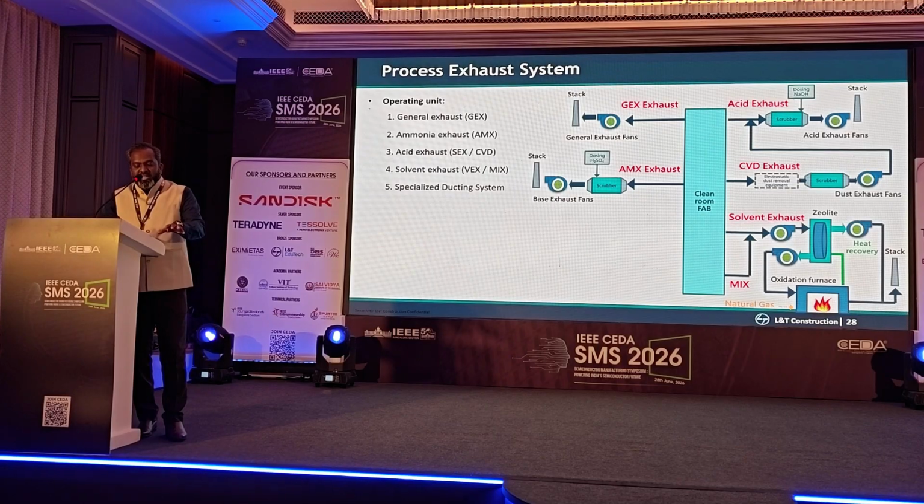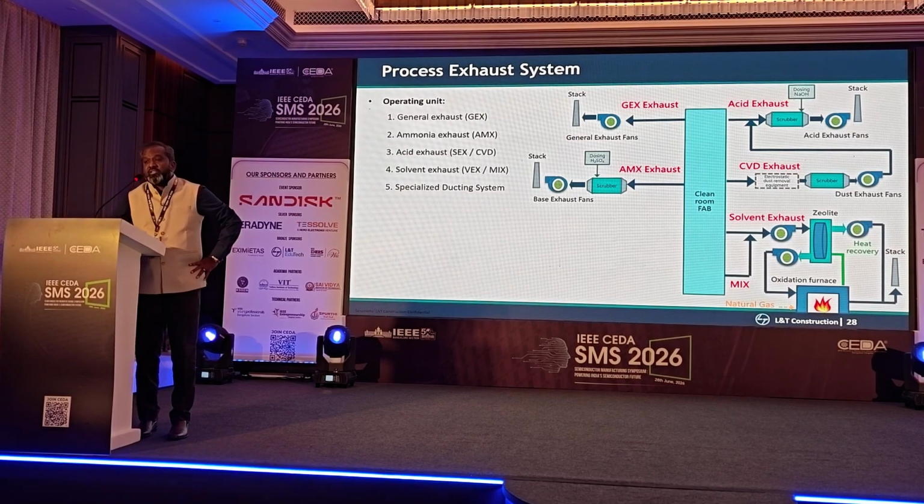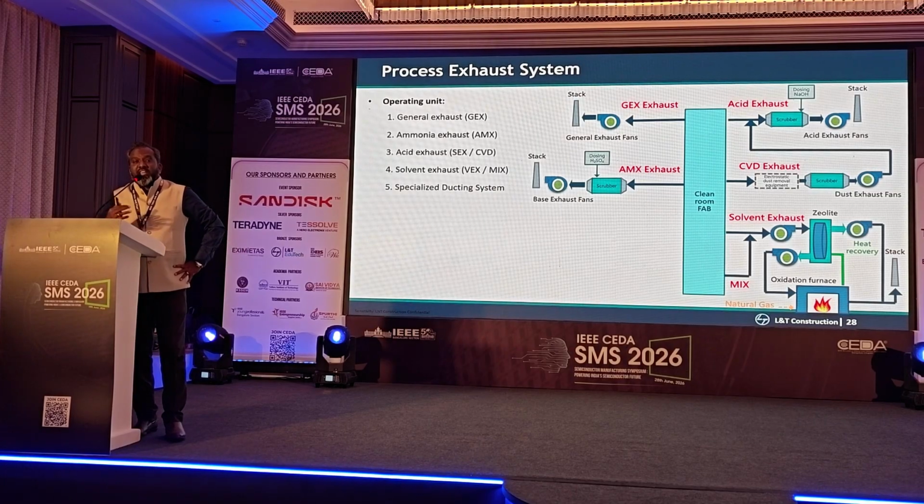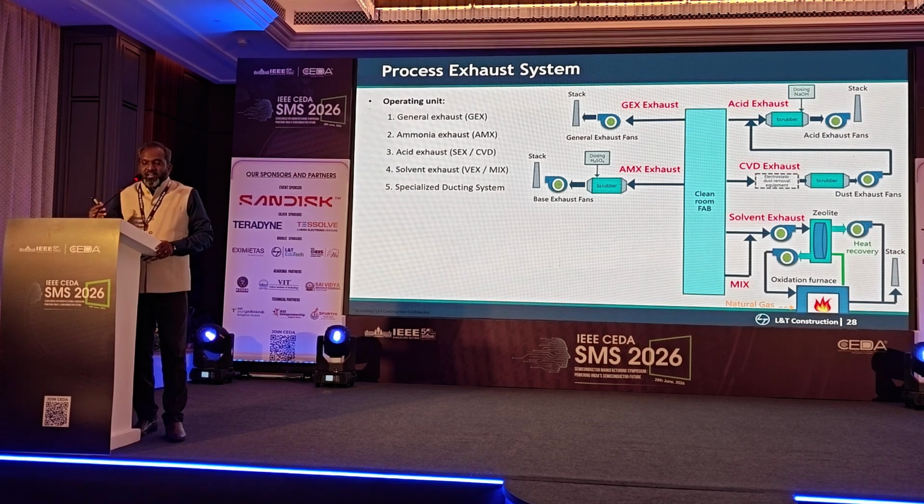So, base exhaust fan: if the fumes are basic, then we dose it with acid to neutralize it, and then we exhaust. If it is acid, on the right you see acid exhaust. If it is an acidic fume, then we dose it with a base to neutralize and exhaust it. Then there are solvent exhausts, right?